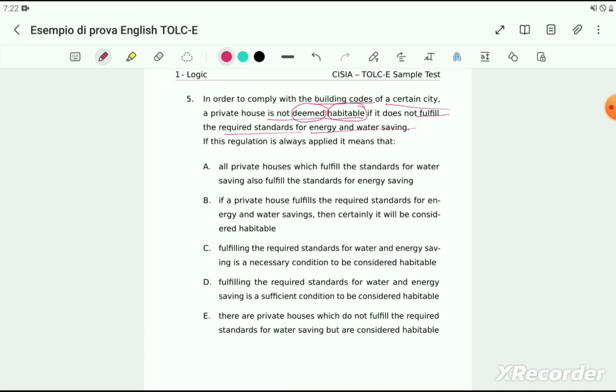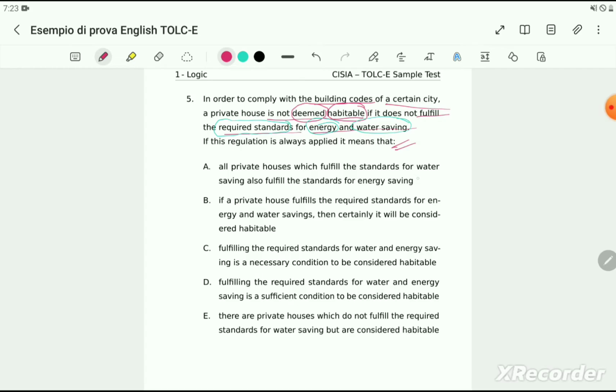So please remember these two parts, energy and water saving. So required standard, these keywords are very important to understand the question. If this regulation is always applied, it means that all private houses which fulfill the standards for water savings also fulfill the standards for energy savings.